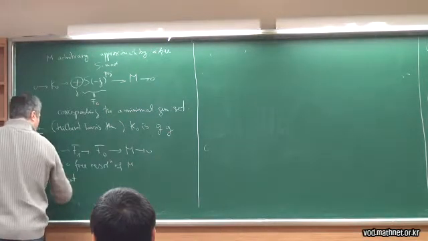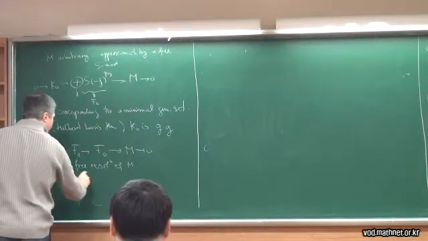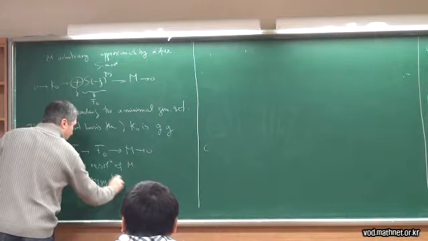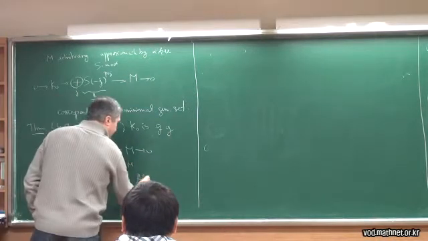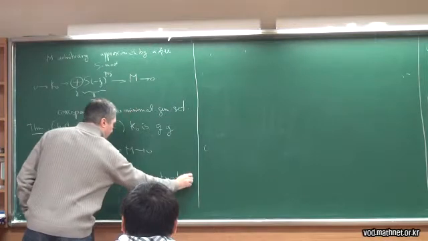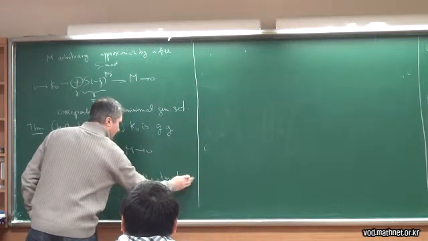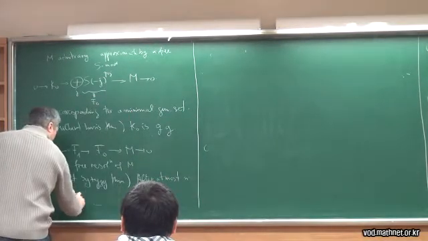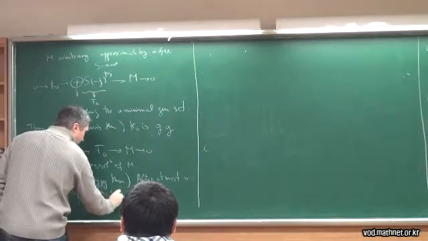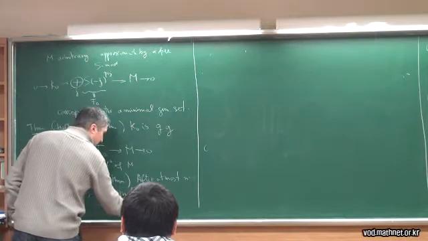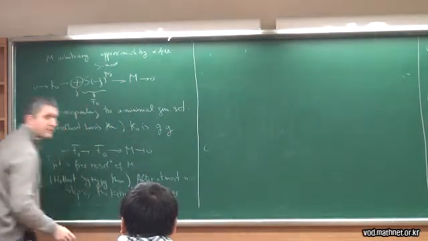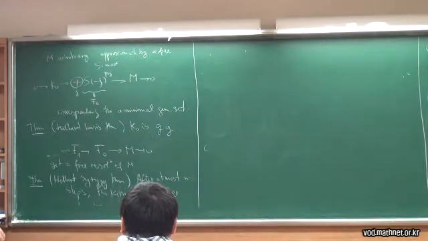That's what we know today as the Hilbert syzygy theorem, that after at most n plus 1 steps, the kernel becomes free. So we can stop the procedure.